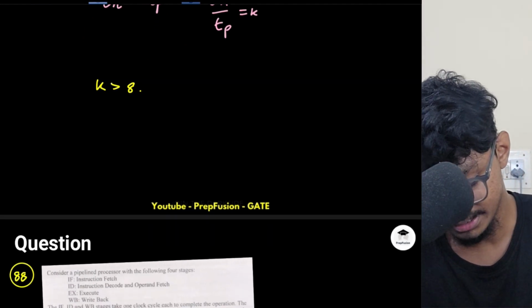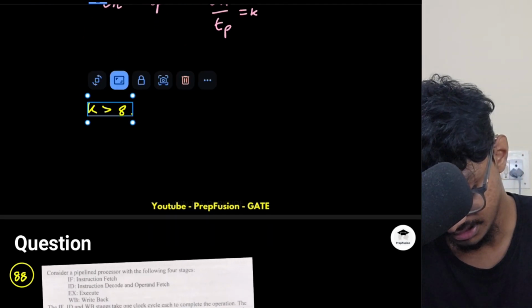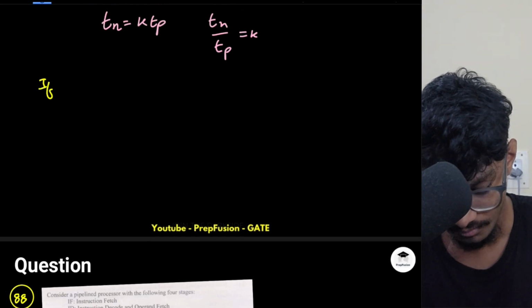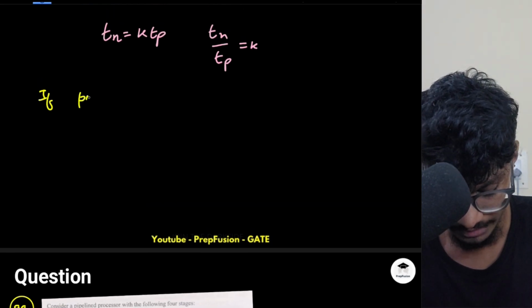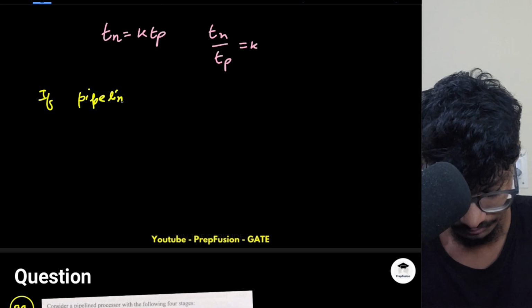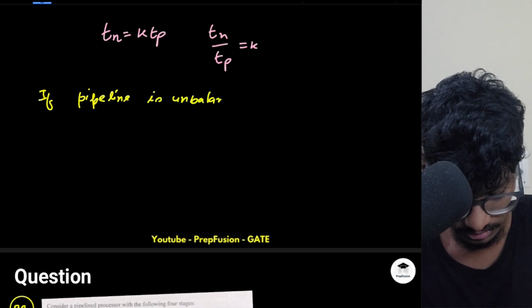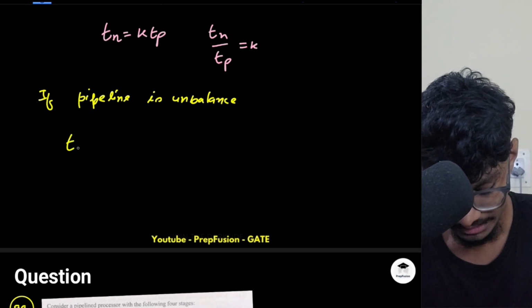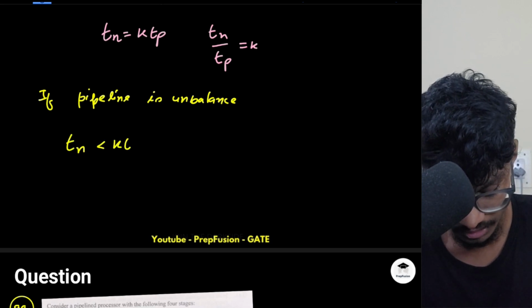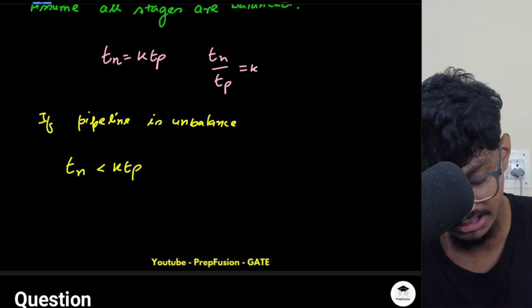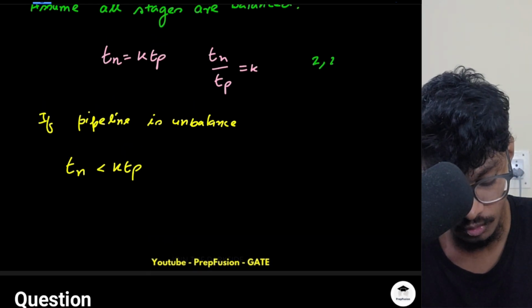For all other cases, if the pipeline is unbalanced, my Tn will be less than or equal to K Tp. Why? If you remember, I showed you an example as well. Let's take an example of 4 stages, 2, 2, 2 and 2 nanoseconds.